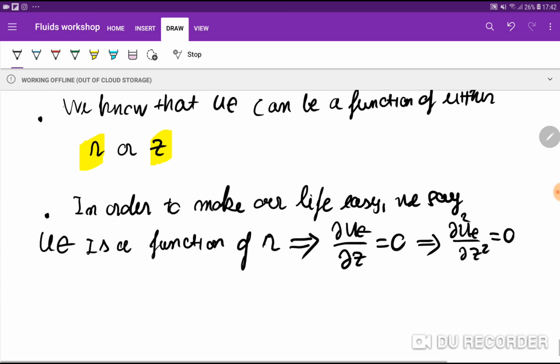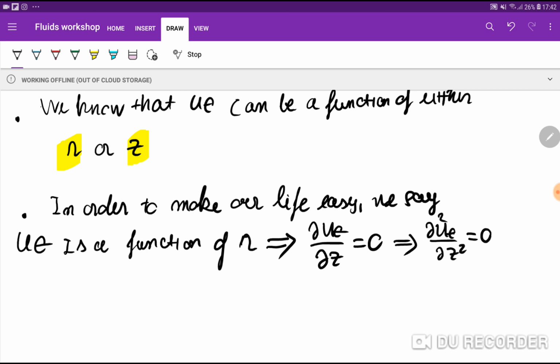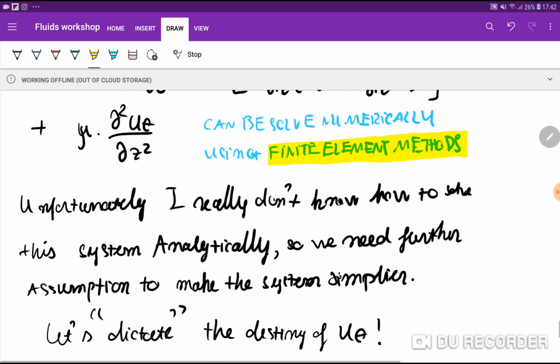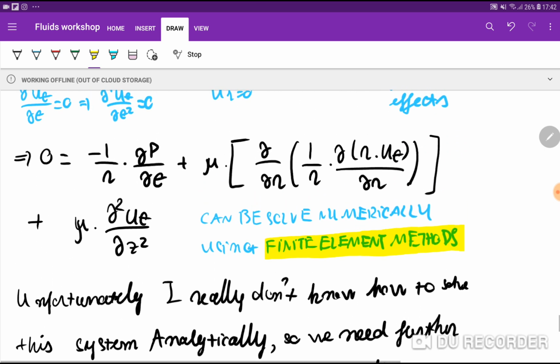This is a very interesting choice because you dictate it. You can choose u theta to be a function of r so that the equation gets simplified. That being said, this term will cancel out.